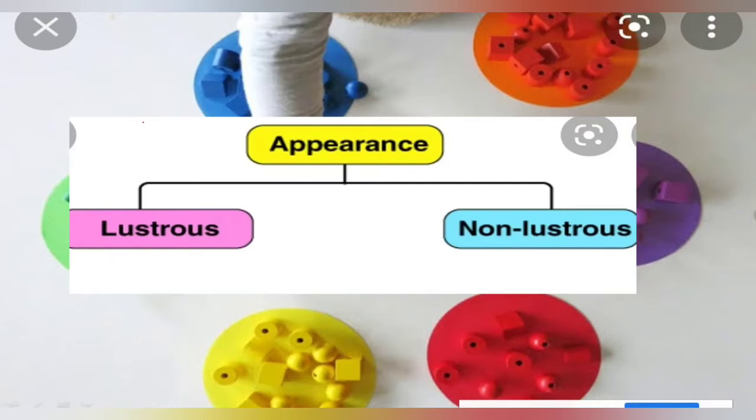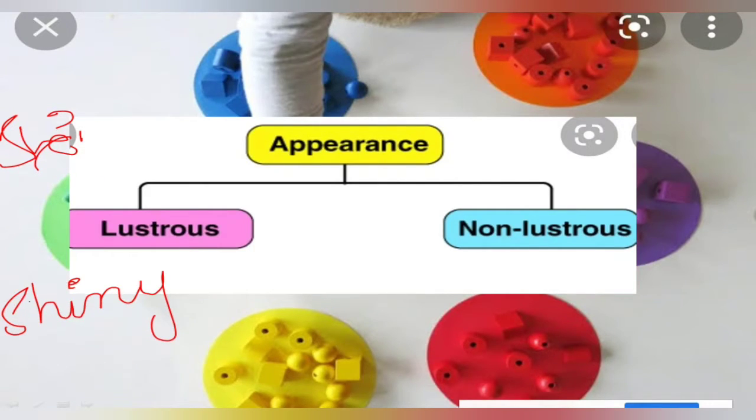Now our first property is appearance. When I talk about appearance, it's of two types: lustrous and non-lustrous. Lustrous means shiny. And non-lustrous means the opposite of shiny.